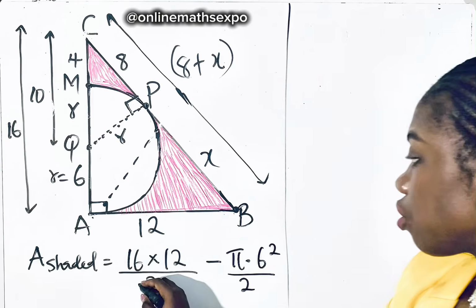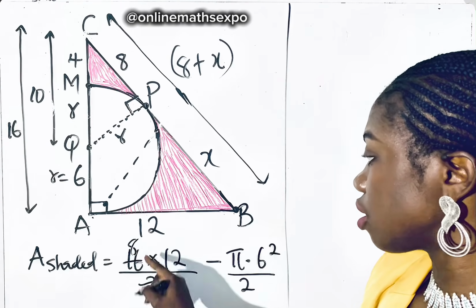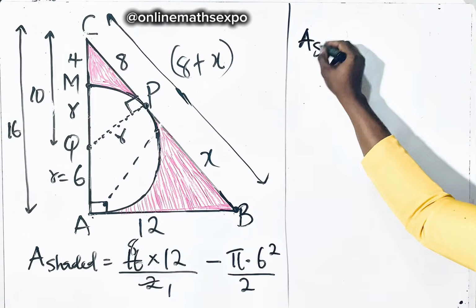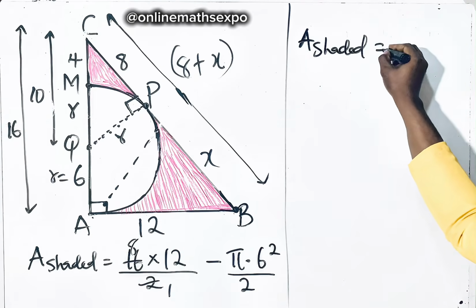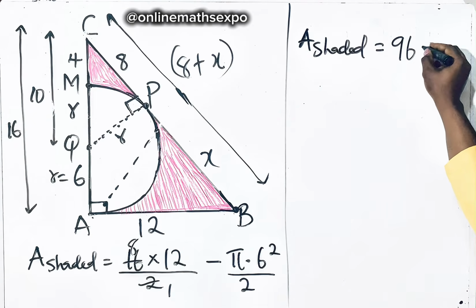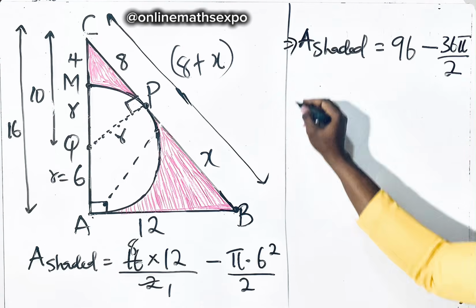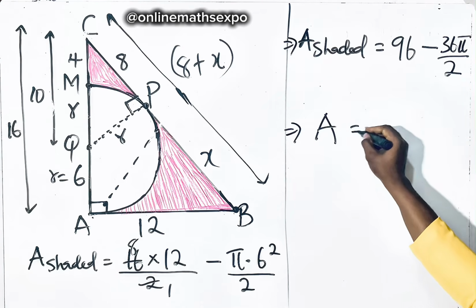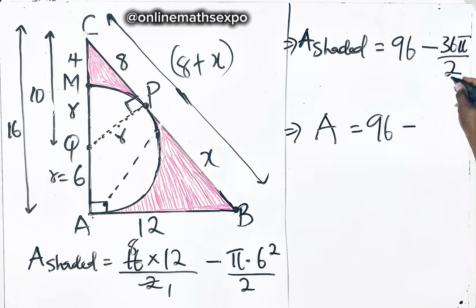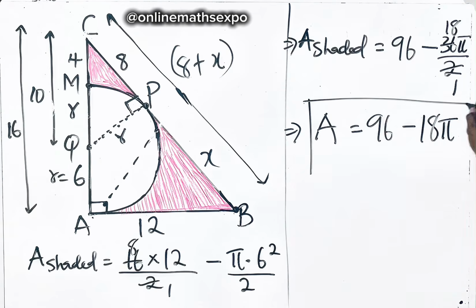Keep solving. 2 here is 1, 2 here is 8. 8 times 12 gives us area of shaded is equal to 96 minus, this will give us 36. So we have 36 pi divided by 2. And keep solving, we have area is equal to 96 minus, 2 here is 1, here is 18. We have 18 pi. This gives us the value of the area of the shaded.